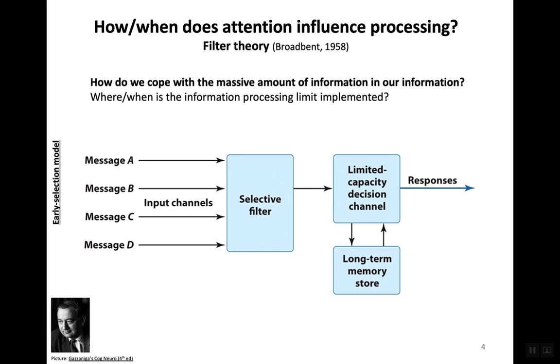So what Broadbent suggested is that it makes sense for attention to act as early as possible, since if you can eliminate information very early in the process, then you are simplifying and making a lot more efficient information processing during later stages. He also believed that the selective filter is quite strict. Information either passes through it or it does not. And if it does not, then it is lost forever.